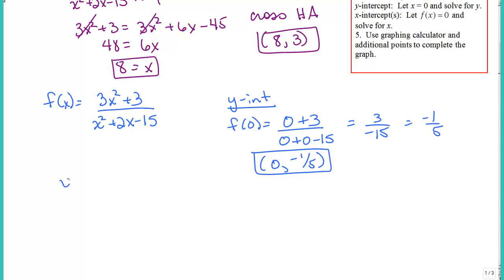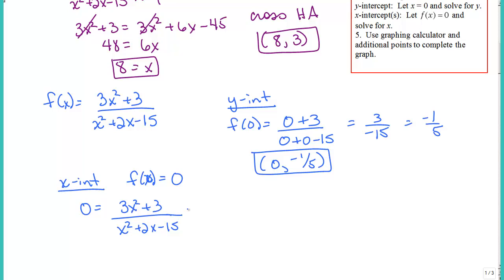Then the harder one would be to find the x-intercept, and that's when you let f of x equal 0, or in other words, you let y equal 0. So we set the function equal to 0. Now earlier in the semester we talked a lot about when a fraction equals 0. The only time a fraction equals 0 is when the numerator equals 0. Again, you could cross multiply and verify that.